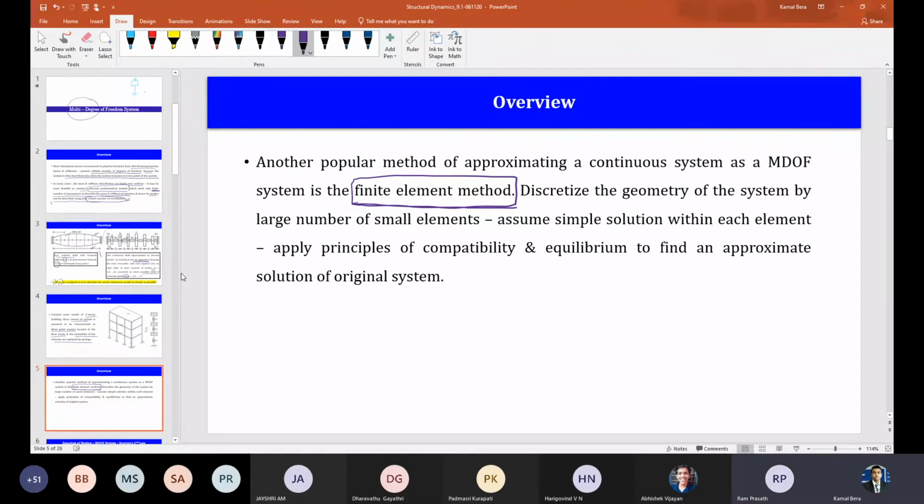In this course you discuss the mass matrix and stiffness matrix, but in your static structural analysis, have you heard about the stiffness matrix? No, sir. We did the slope deflection method and moment distribution. Yes, it is the starting point of that. But anyway, I will not talk about that. You may learn it next year, and then it will be facilitated.